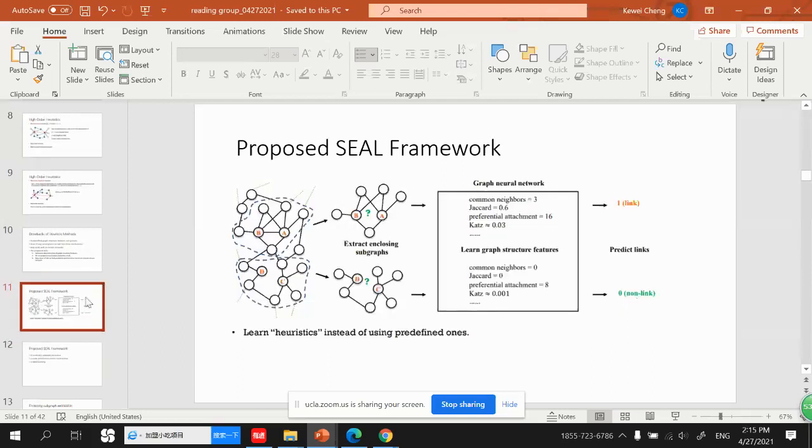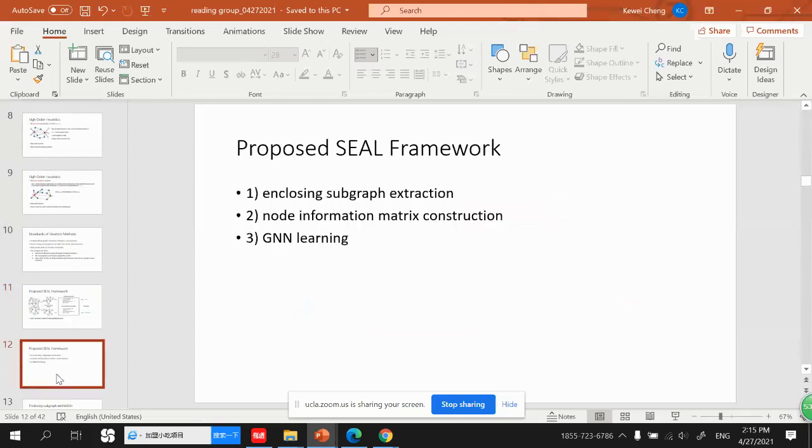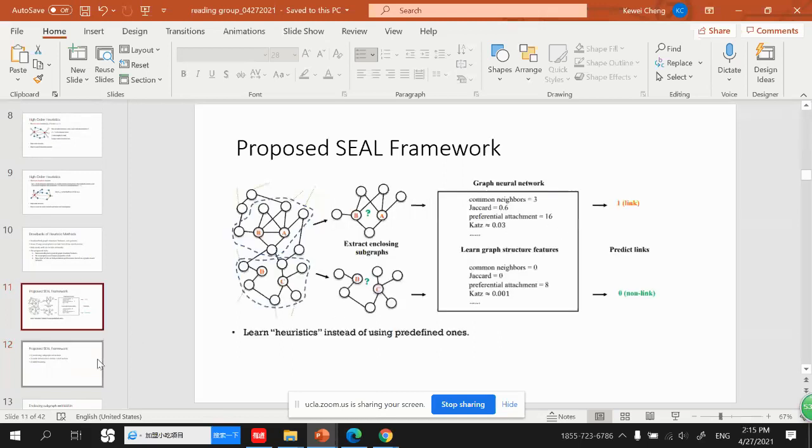So that is the basic idea of the proposed SEAL framework. Next, we will introduce the details of the SEAL framework. This framework includes 3 steps. For the first step, we try to extract the enclosing subgraph as shown in these slides.